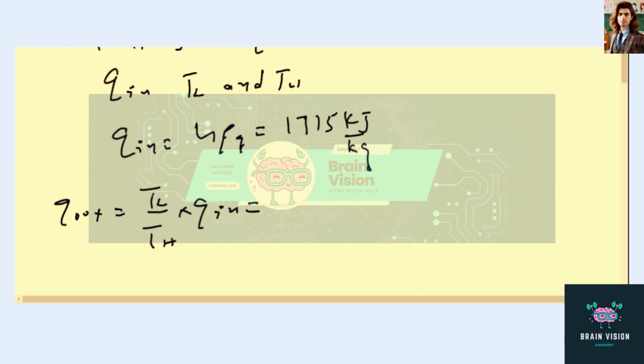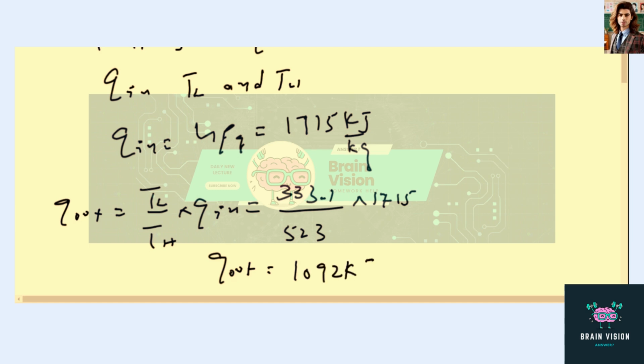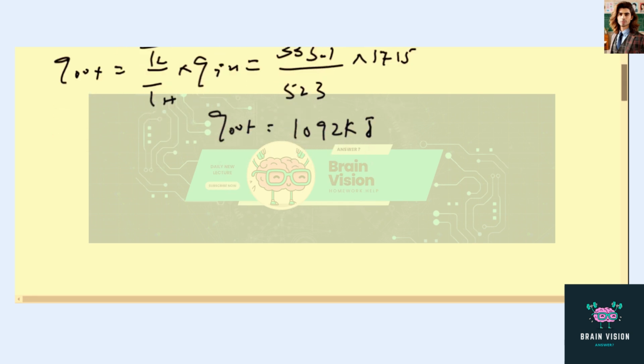And now we plug in values. 333.1 divided by 523 multiplied by Q in. Q in is 1715, so Q out is equal to 1092 kilojoule.